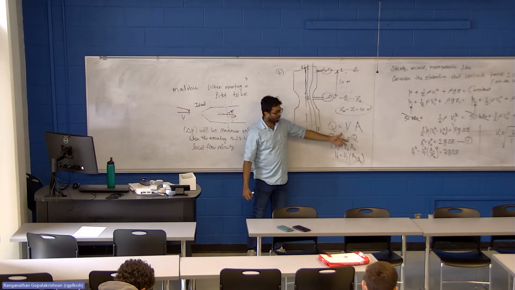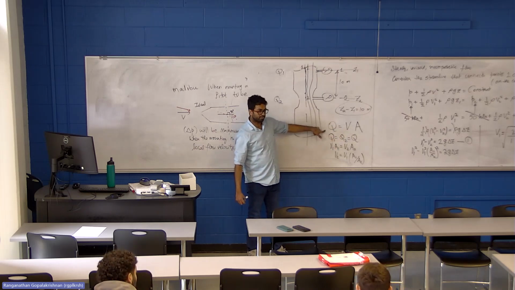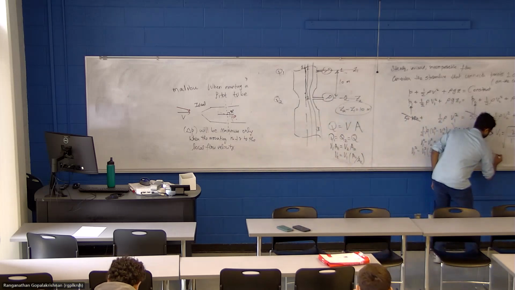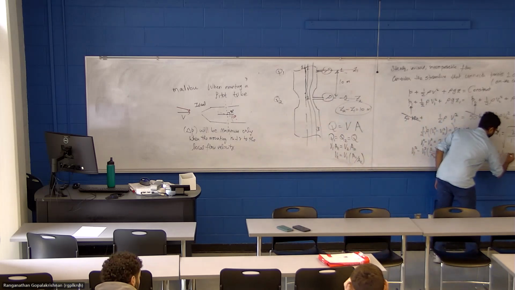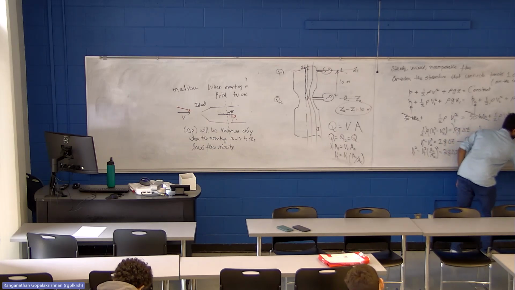The problem asks for Q. It doesn't stop with V, it asks for Q. So Q can be written as V1 A1, which is A1 times the square root of 2G delta Z divided by 1 minus (A1 over A2) squared.